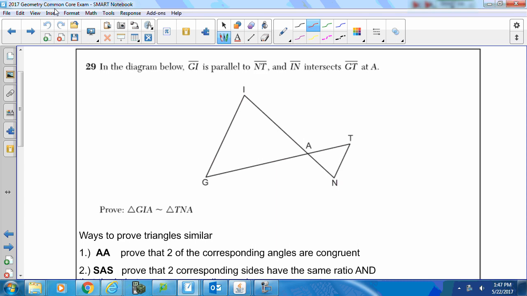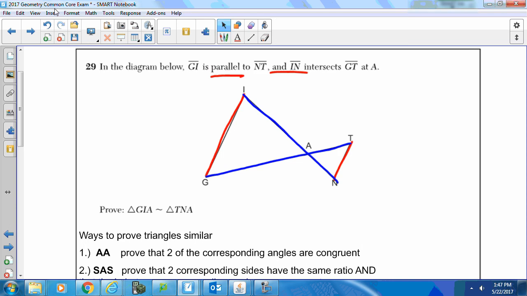It says in the diagram below, side GI, or segment GI, is parallel to NT. And IN, so segment IN, that's this one, intersects GT at A. So these lines intersect. All right, now, you have to think about this.